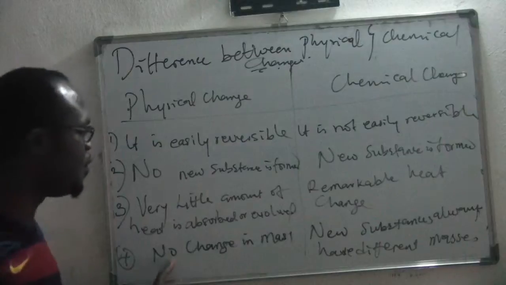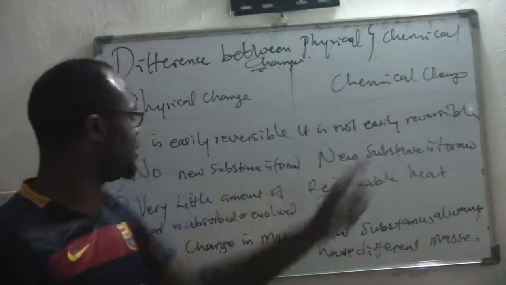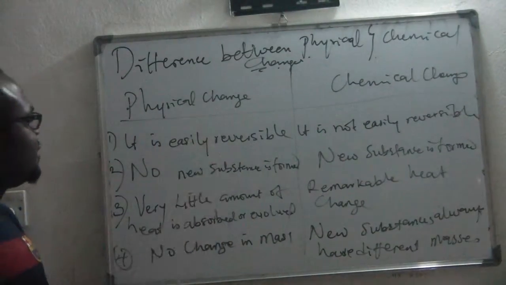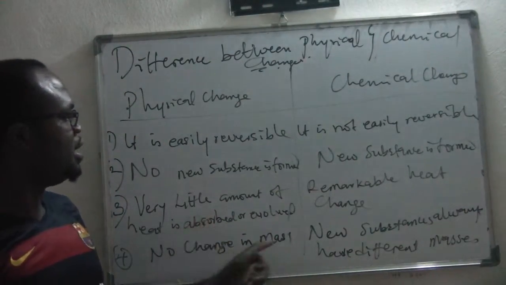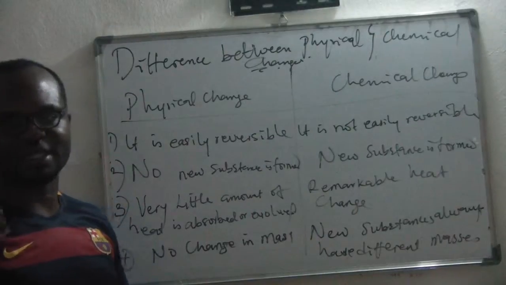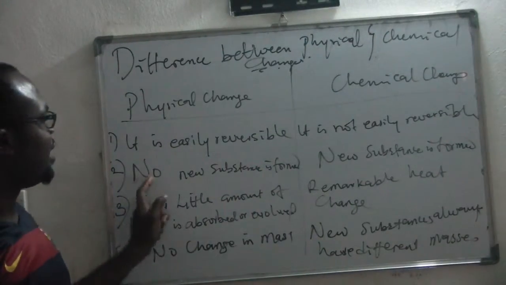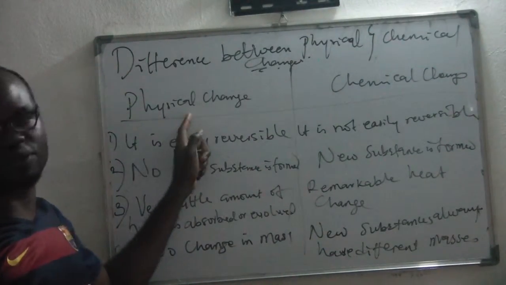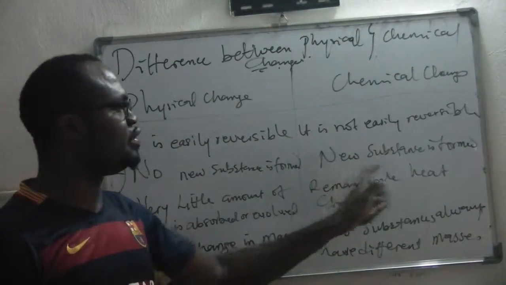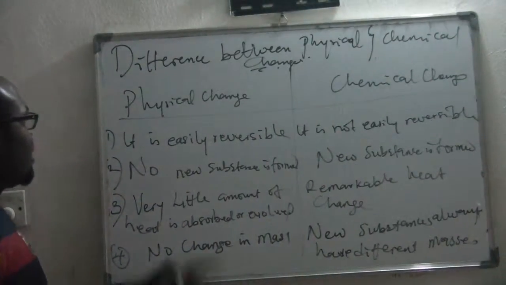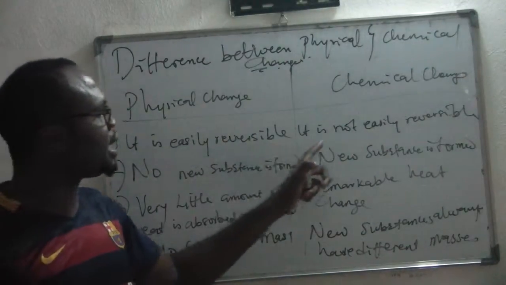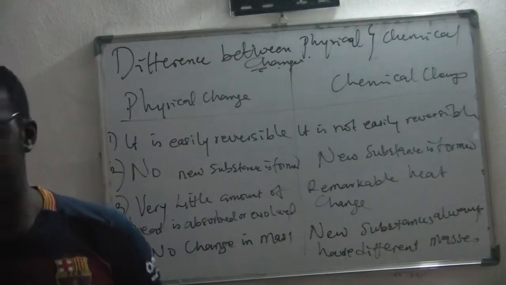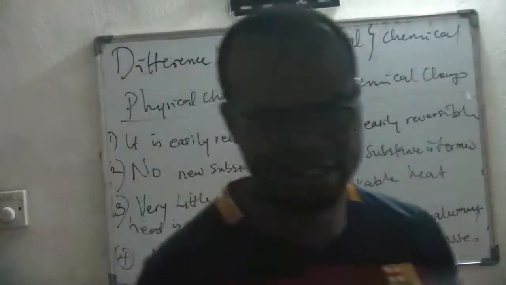So that's why there is always change in mass for chemical change, but there is no change in mass for physical change. Little amount of energy is either given out or absorbed, but here remarkable, that's a large amount of heat. Here there are no new substances formed in physical change. In chemical change there are new substances formed. In physical change it is easily reversible, but chemical changes are not easily reversible. Is that clear?